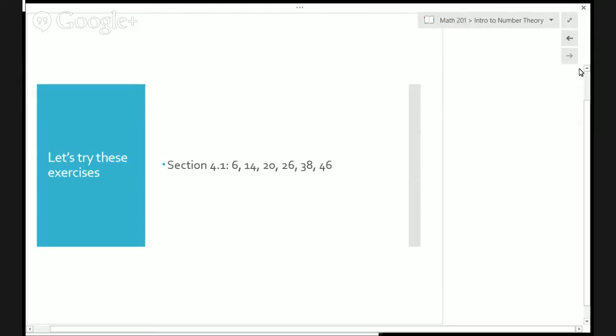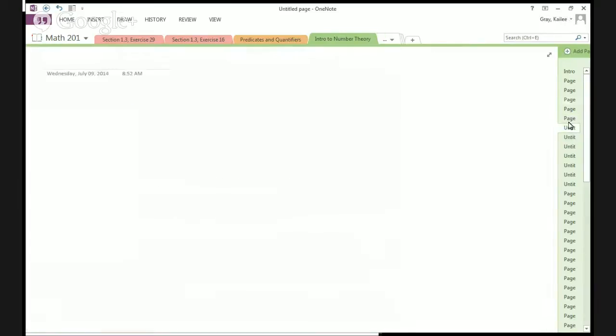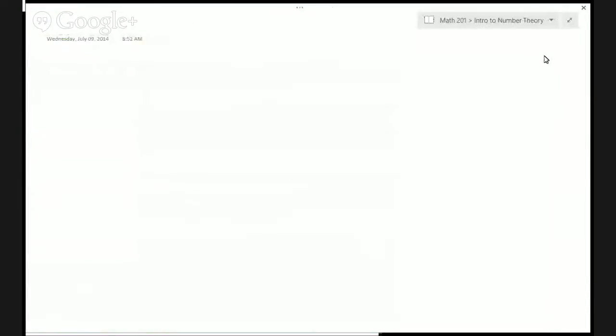So before 6, I want to talk about number 1 first, so that we're on track. Number 1 from section 4.1 asks: does 17 divide each of these numbers?